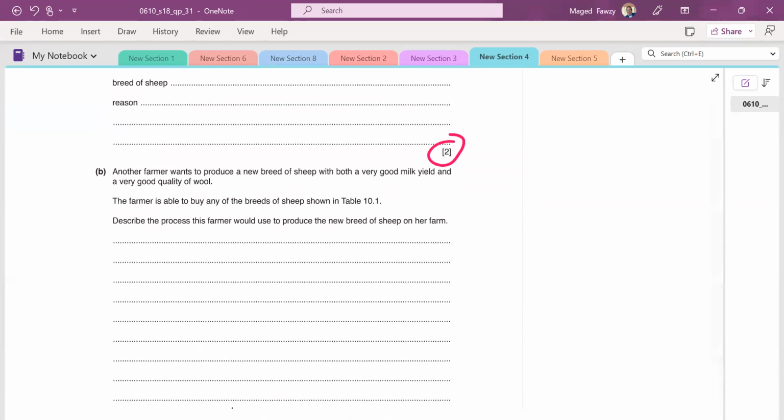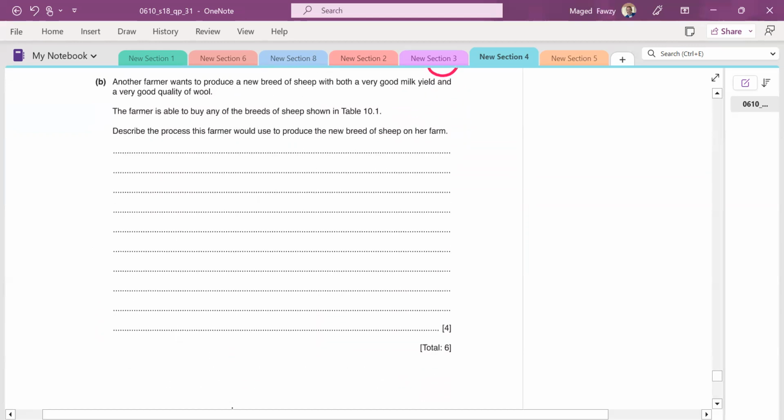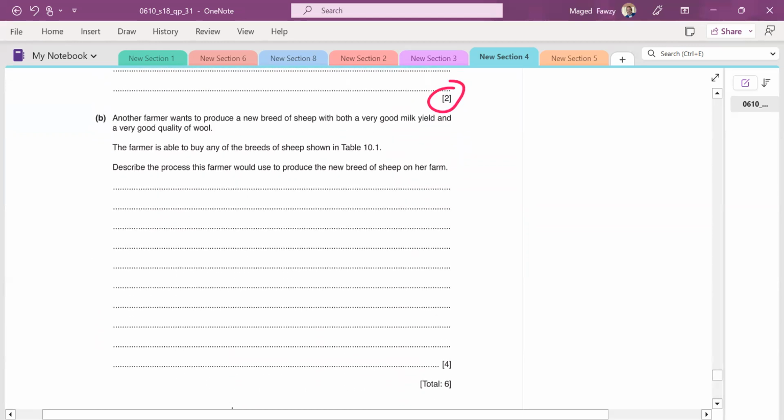The last question in this paper is related to: describe the process that the farmer would use to produce the new breed of sheep on her farm. This question has a standardized answer. Any time I talk to you about selective breeding, we must write the answer that way.